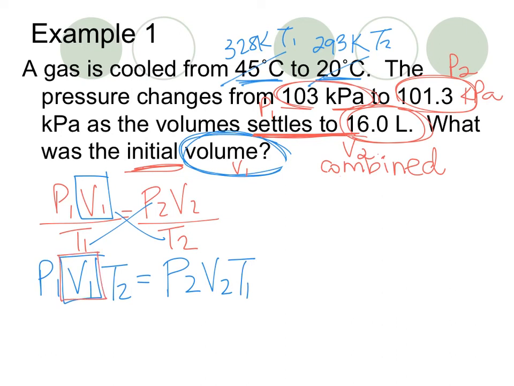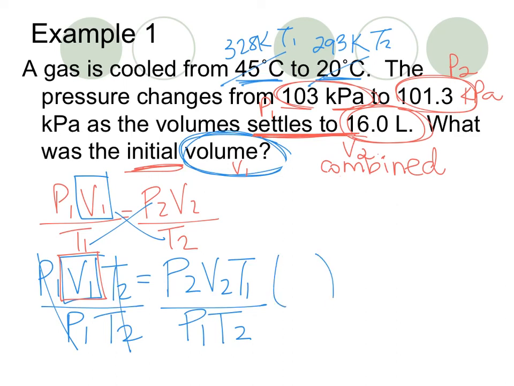Got to solve that for V1. So I'm going to divide by P1 T2. P1 T2. Make sure you didn't repeat any of your variables on accident. Your P1 and T2 cancel on the left. So we are ready to plug in.